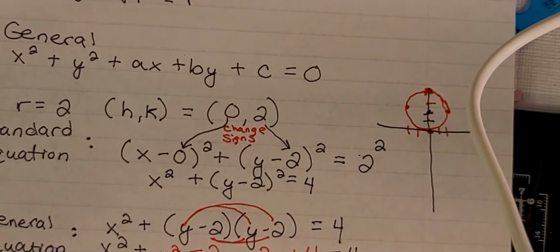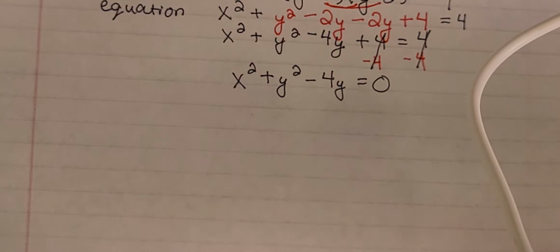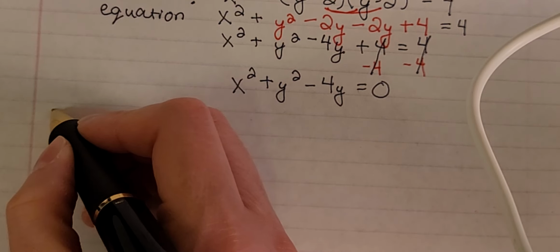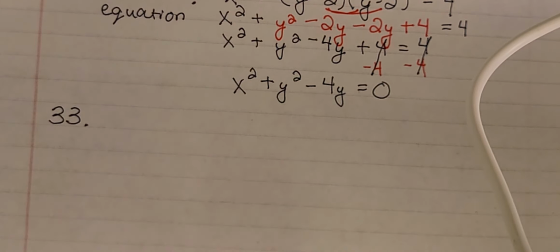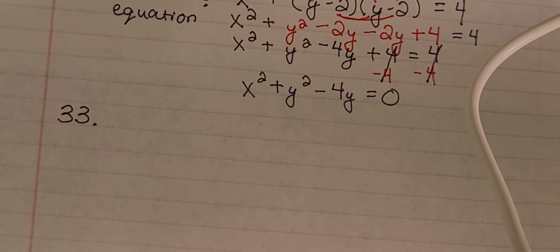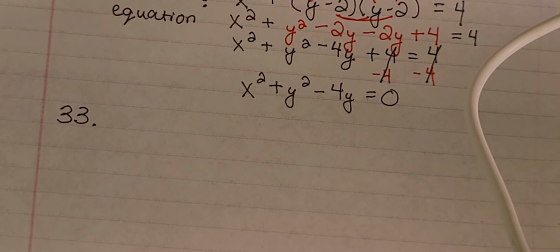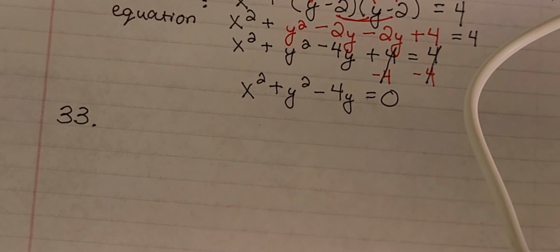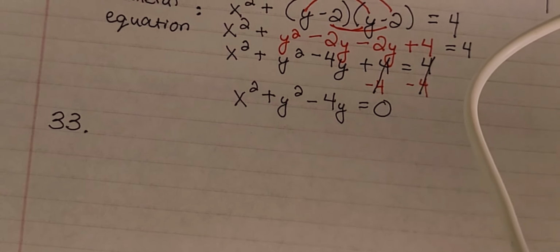And then we're going to look at number 33. All right, 33 says find the center and radius of each circle. By hand graph the circle and then find the intercepts, if it has any.